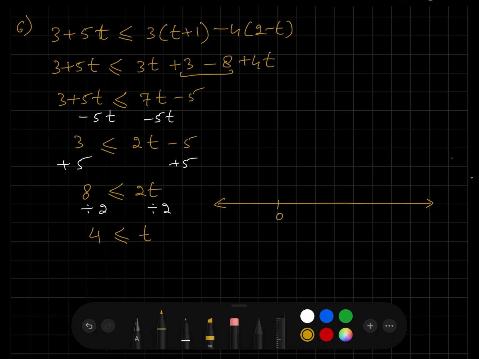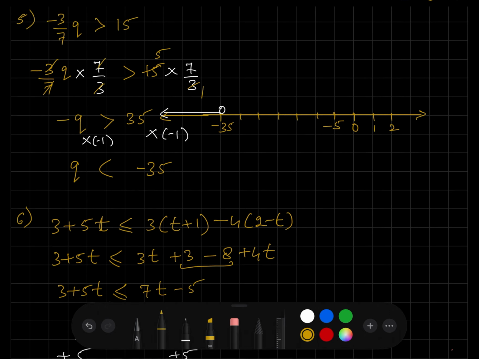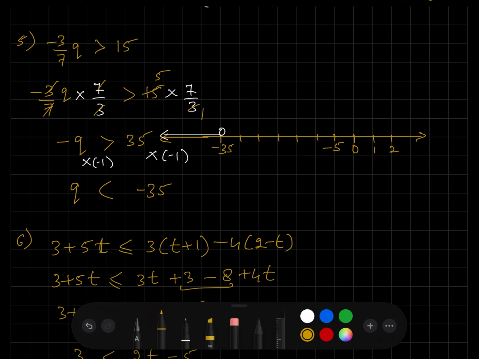Fine, I will put here 0, 1, 2, 3, 4. t is greater than or equal to 4. Let us write it like this so that we understand it properly. I can put a solid dot and a line. Let us use some other color so that it is visible. Oh, here we didn't write the solution set.